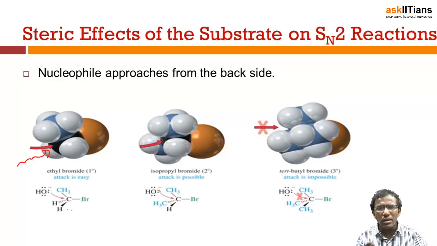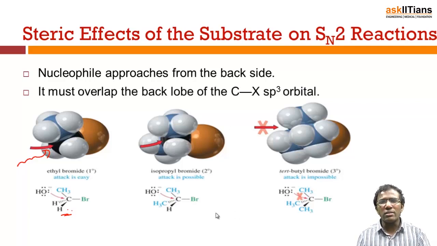As a result, the OH minus does not feel comfortable attacking the carbon because of this crowding, but here it will be even more crowded. It does not have any space to attack. So obviously this cannot undergo SN2 reaction, and this one will show more possibility of undergoing SN2 reaction. This is known as steric hindrance.